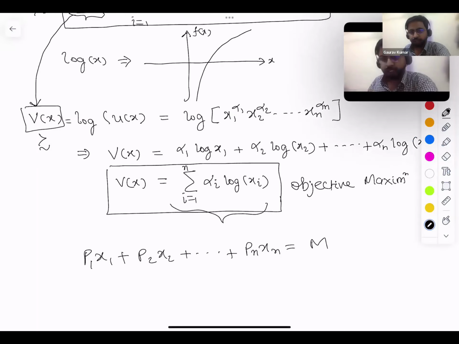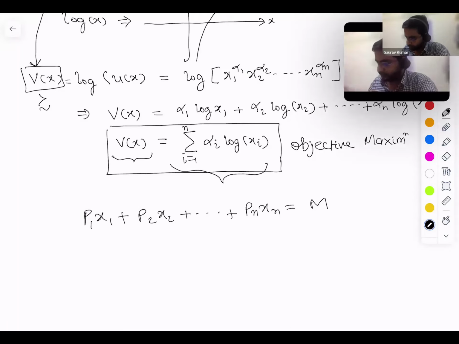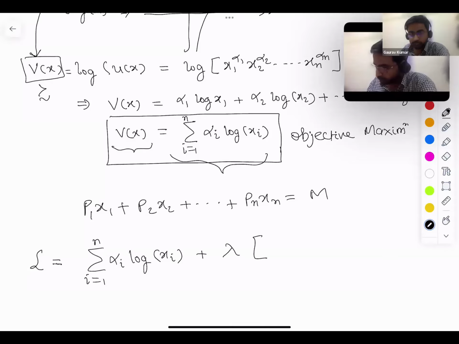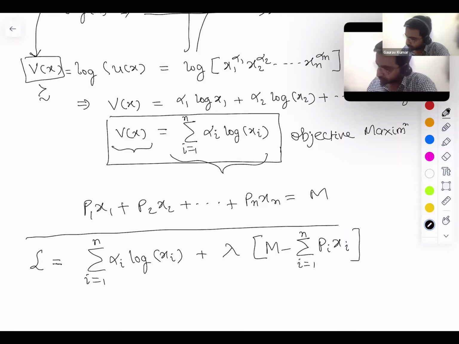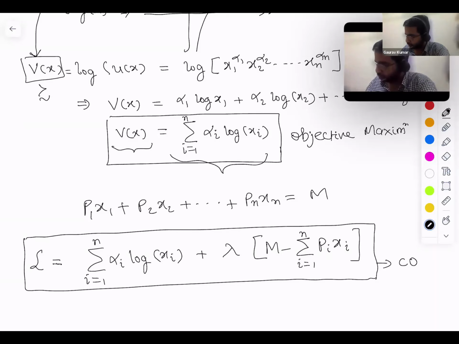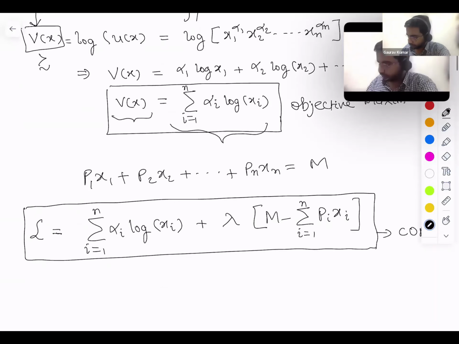In a cookbook manner, the process is you formulate a Lagrangian, you write the objective function and you put the constraint, which I'm writing in a compact form right now. I'll expand it. So this is the Lagrangian formed for your consumer's optimization problem.